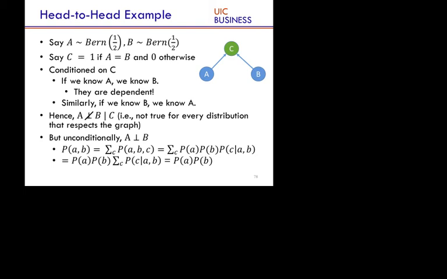So condition on C. Condition on C means when I say C is equal to 1, I know that A has to be equal to B. So if I know B, then I'll know A. That's why they're dependent. Similarly, if we know B, then we know A. And so A and B are not conditionally independent given C.